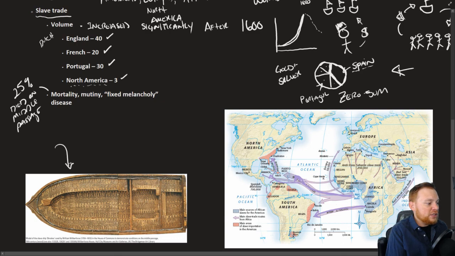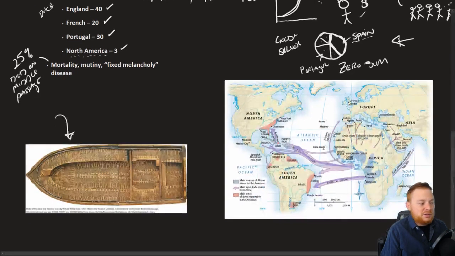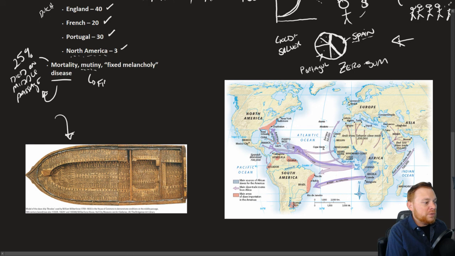People were chained down in very unsanitary conditions. Disease was the primary killer. Sometimes slaves mutinied. To mutiny means to fight back. And there was something slave drivers called fixed melancholy, which was hunger strikes. Slaves resisted the entire way from the shores of Africa along the ship to the New World.